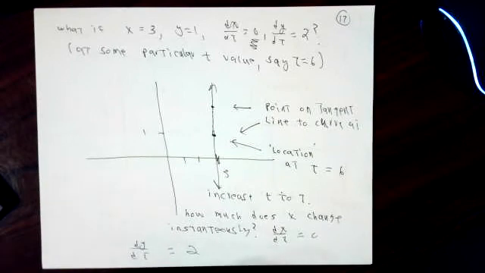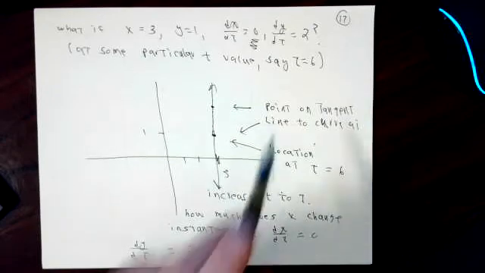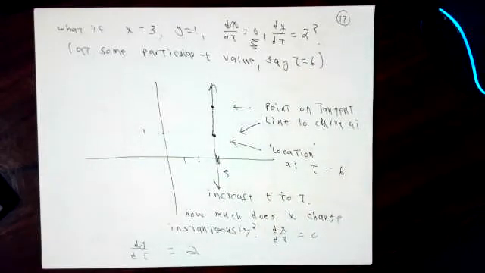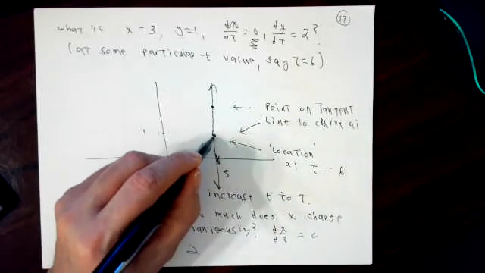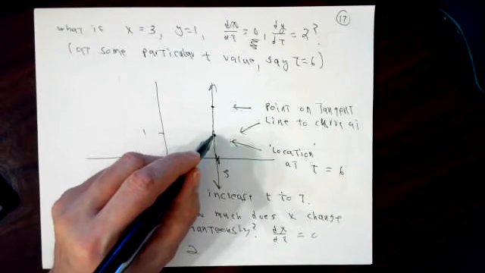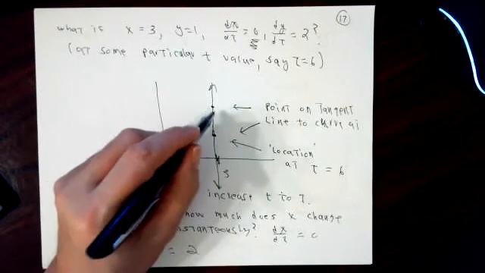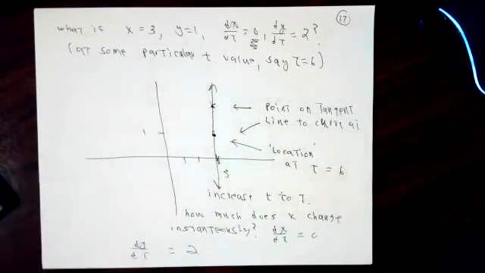If I increase the t to 7 from 6, that means the change in t is equal to 1. 2 times 1 is 2. Start here, increase x by 0, increase y by 2, and that's another point on your tangent line.